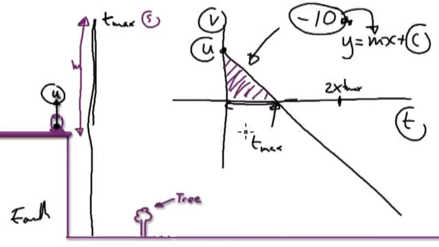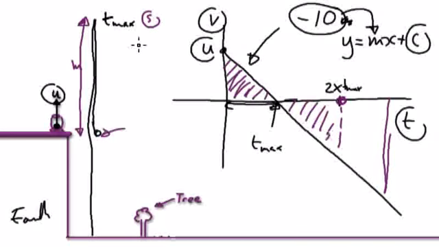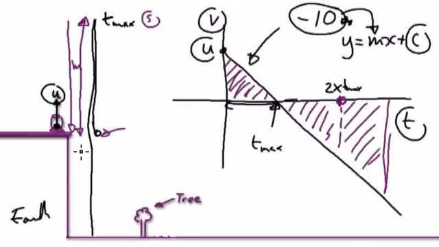But in our scenario, it goes beyond. This point here is this point here. Because we've got this cliff, our velocity-time graph will extend down here. This area here represents the distance going down to here, and this area here represents the height of the cliff.